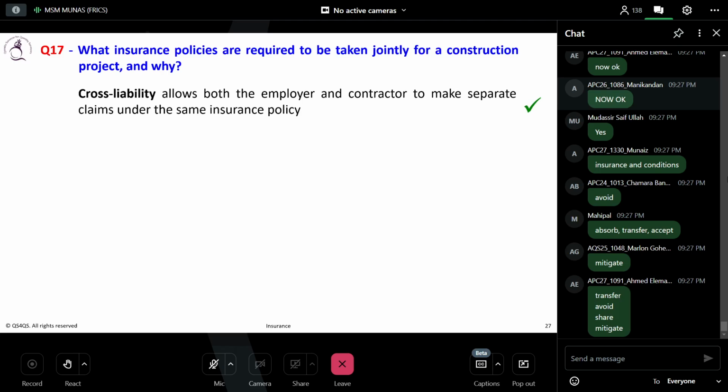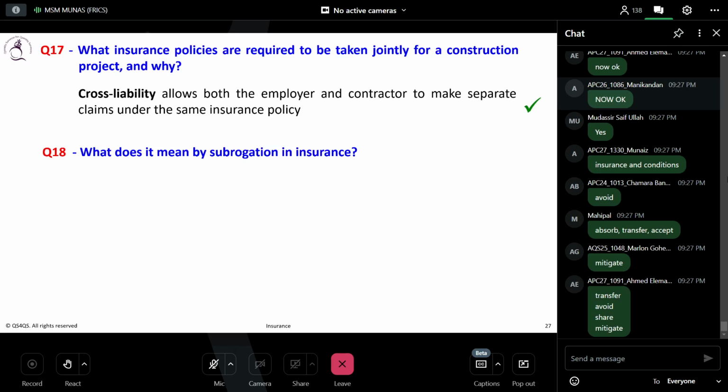You don't need to buy a separate policy by the employer or contractor, and you share the financial burden. So it's good, and it promotes collaboration between the employer and the contractor. The relationship is built well, and both parties are protected adequately. Don't need to worry. So that's like teamwork. That is cross liability.